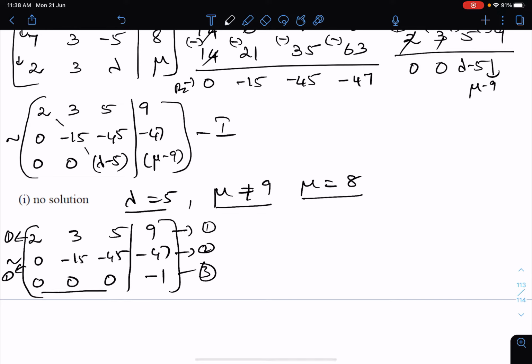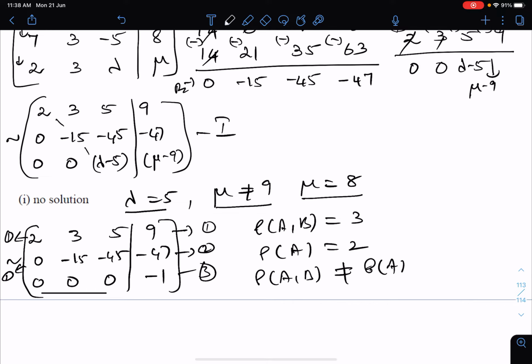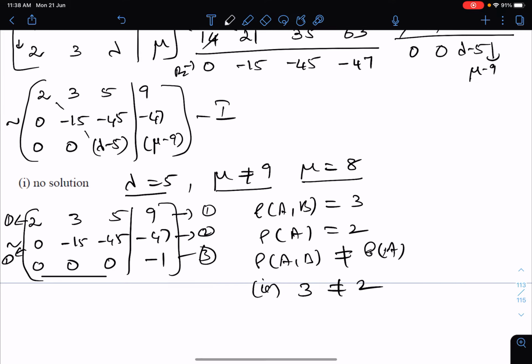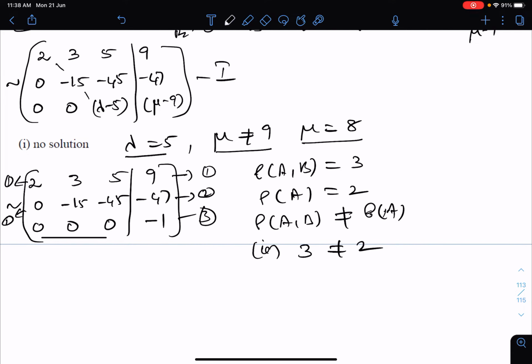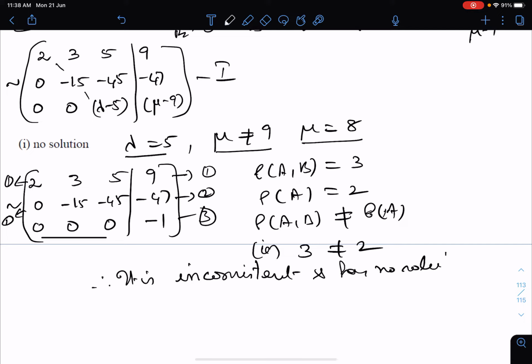Our third row remains 0. So rank of AB, 3 non-zero rows, and rank of A, 2 non-zero rows. Therefore rank of AB not equal to rank of A, that is 3 not equal to 2. From this we come to the conclusion that it is inconsistent and has no solution.